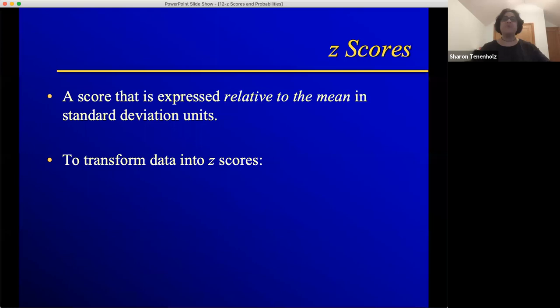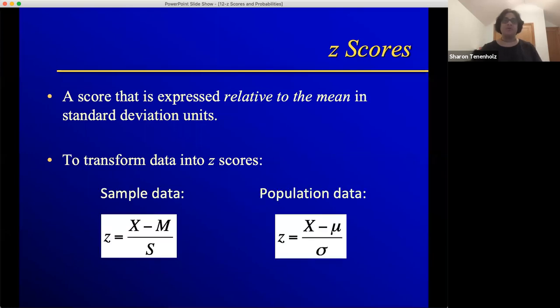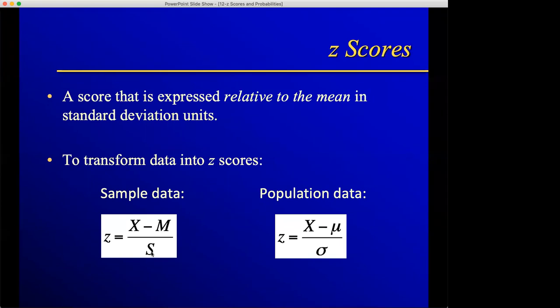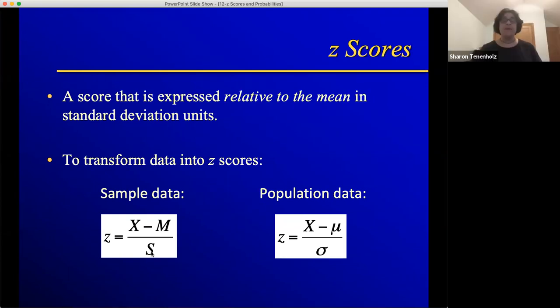So in order to transform data into z-scores, what we do, let's do the sample version first, although these two formulas are equivalent. We take that person's score, we subtract the mean, and we divide by the standard deviation. So if we've calculated our mean and standard deviation, we're good to go. For our population data, we would do exactly the same thing.